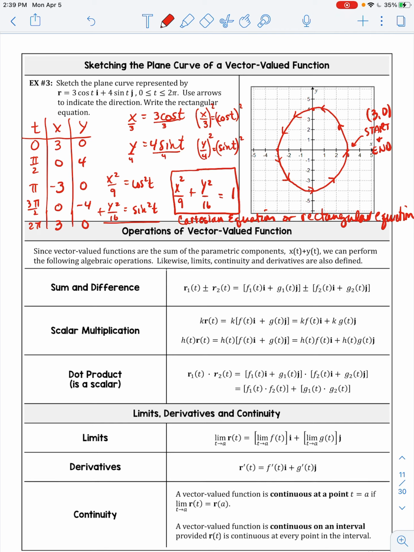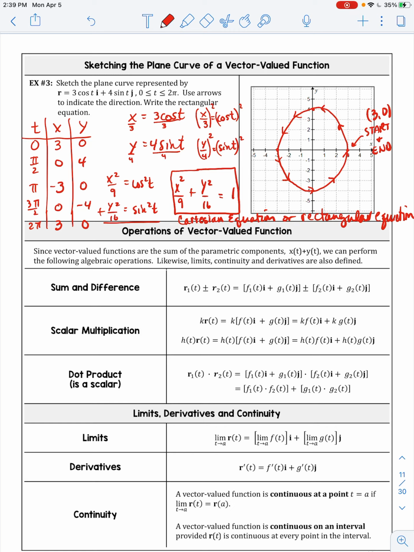So you could actually add the f1 of t and your f2 of t together and factor the i out, and add the g1 of t and g2 of t together and factor the j out.